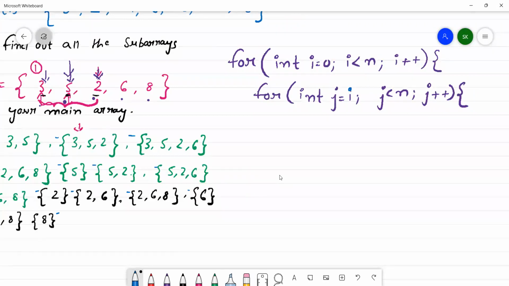Correct? Okay. Oh, yeah, I got it. So here, instead of just storing your subarrays, you can just print them. But how will you print them? Or how will you store them?